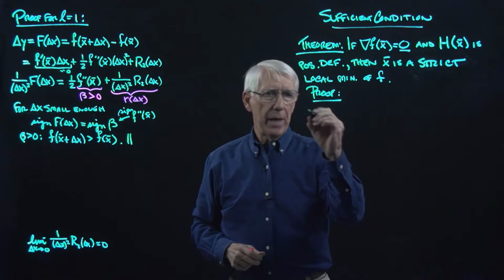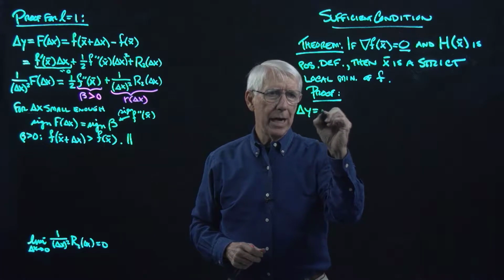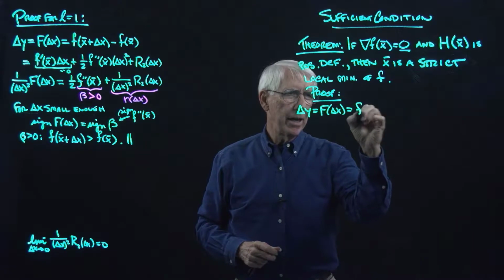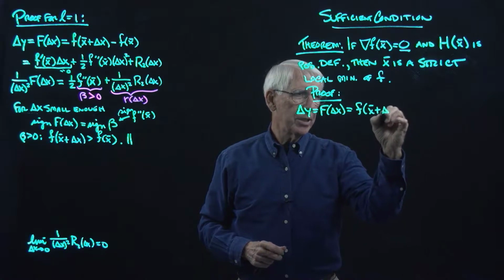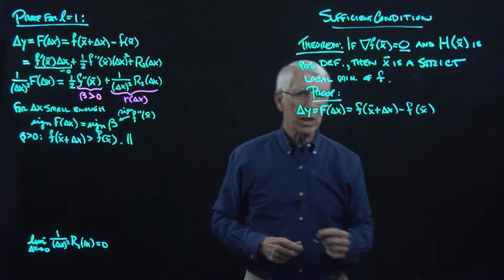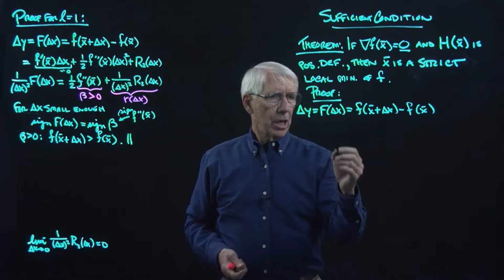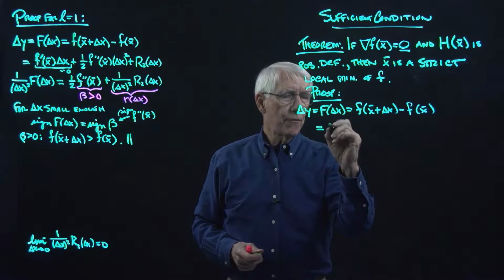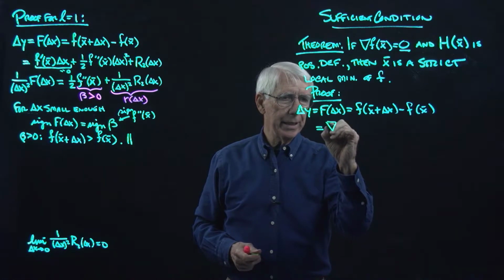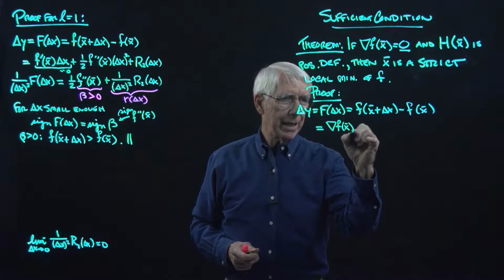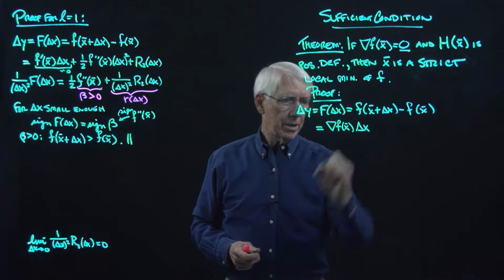Let's say that delta y is capital F of delta x, and that's f of x bar plus delta x minus f of x bar. That is going to be equal to, now the first degree term, the linear term, is the gradient of f at x bar times delta x.